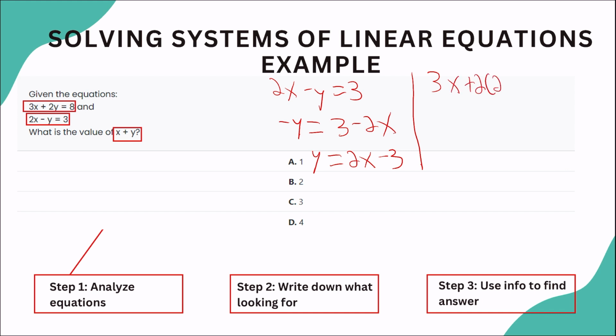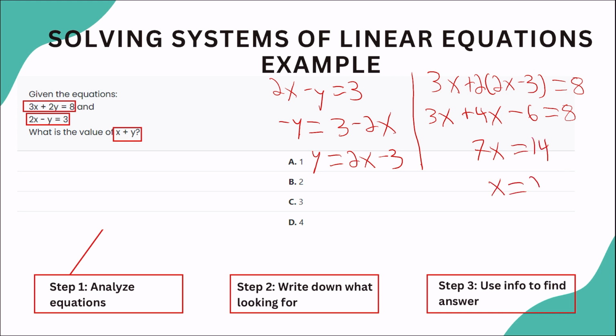2 times 2x minus 3, and this is going to equal 8. Now let's write the next step of this after we multiply out this 2. And our final step here is going to be 7x equals 14, and x equals 2.